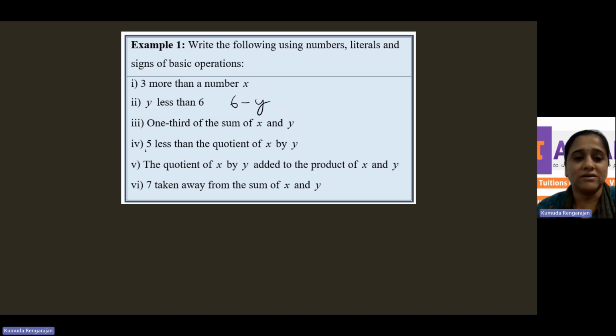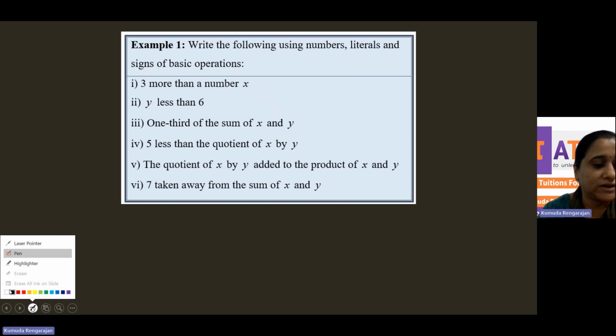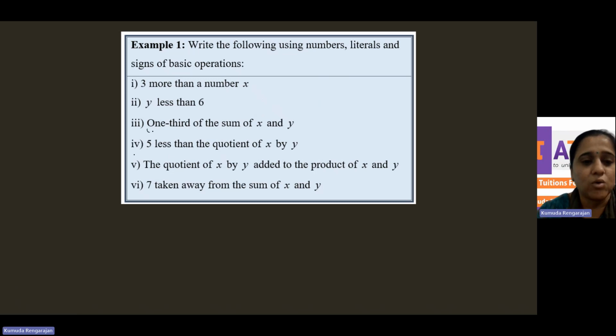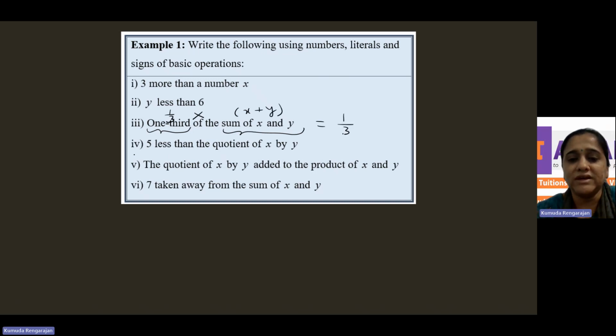One-third means 1/3, of means into, and the sum of X and Y means X plus Y. So it is 1/3 into X plus Y.